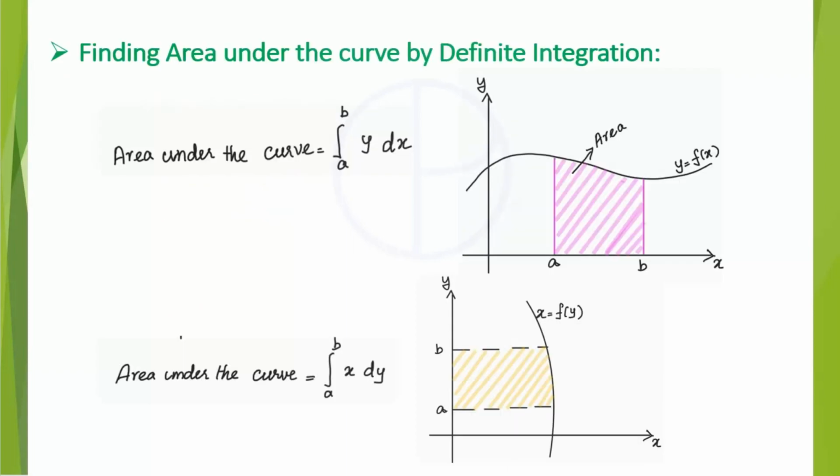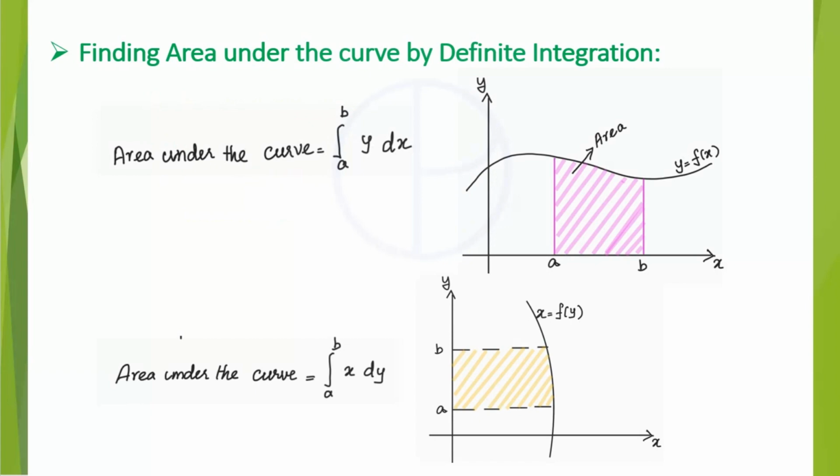So the definite integral concept is used in finding area or volume of the given shape. Let us first look into this, how to find the area under the curve by definite integration.